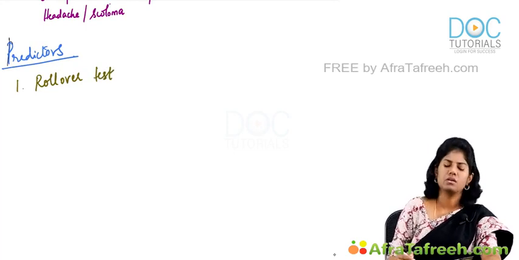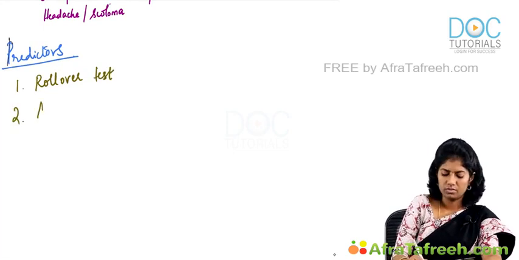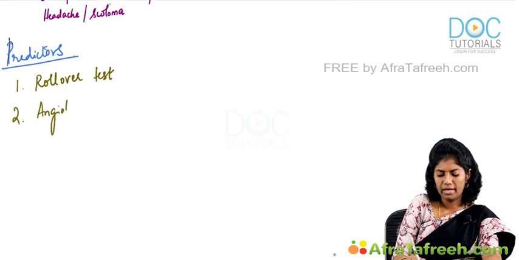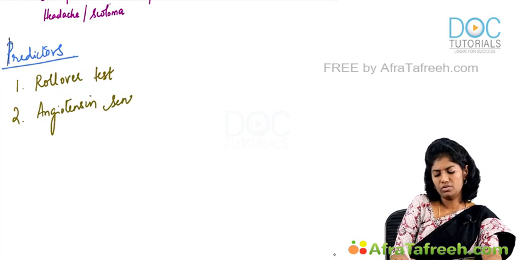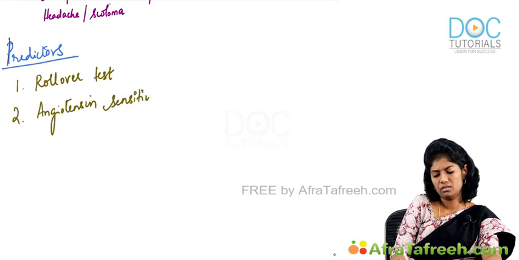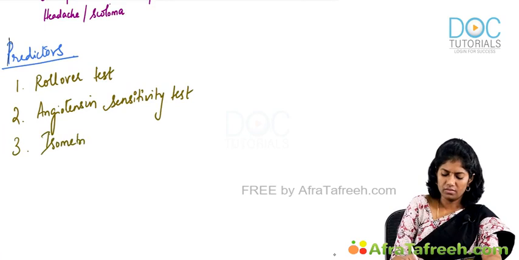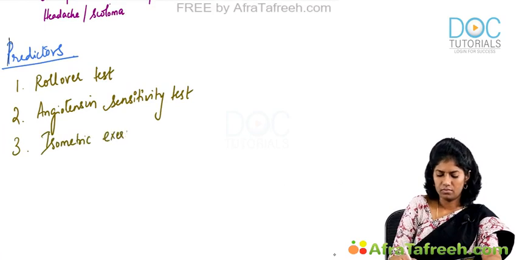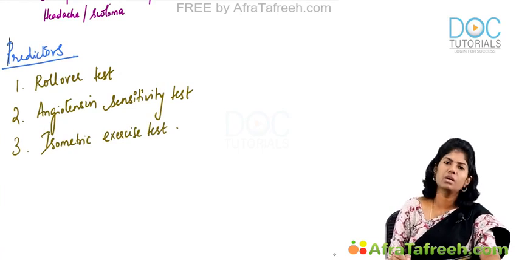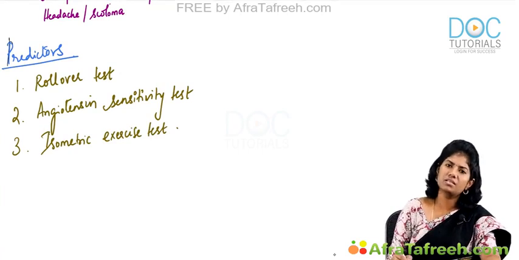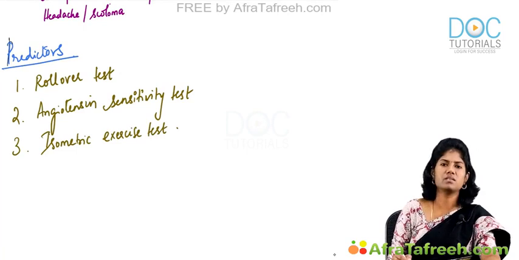Number 2, angiotensin sensitivity test, and number 3, isometric exercise test.